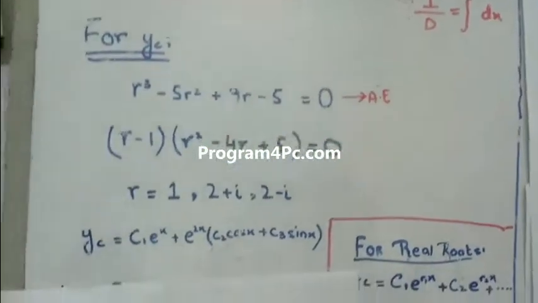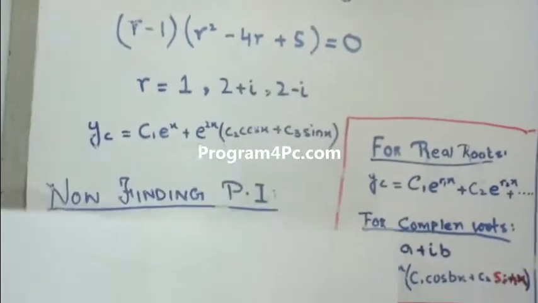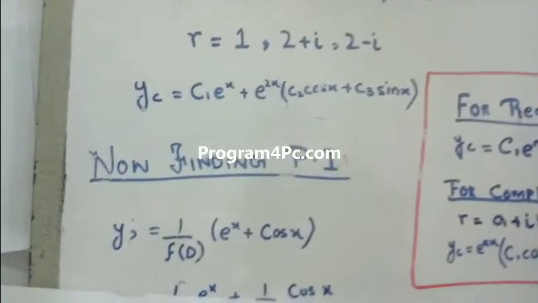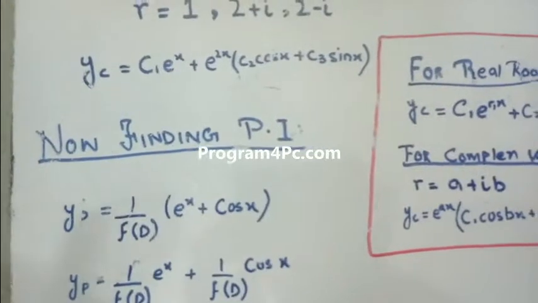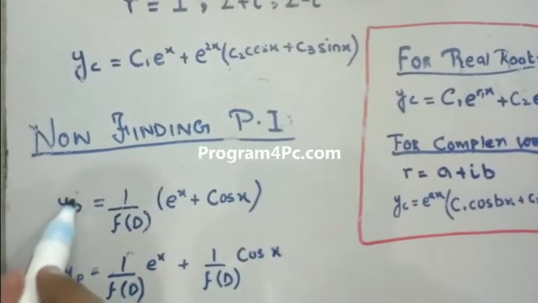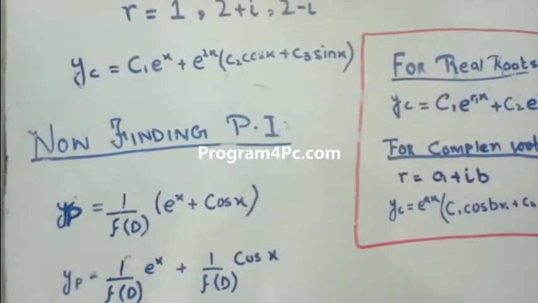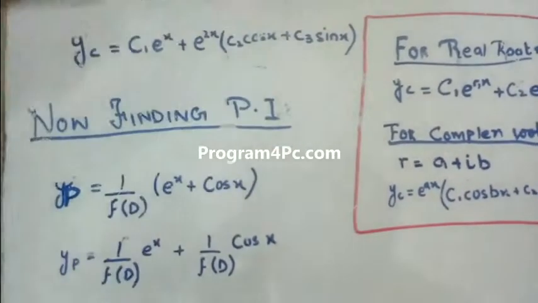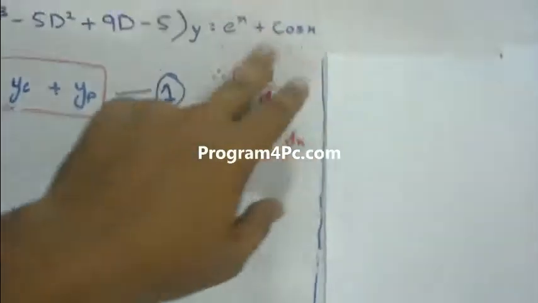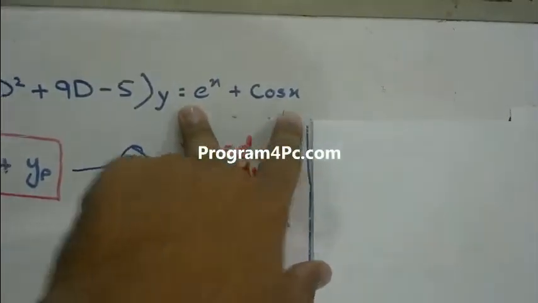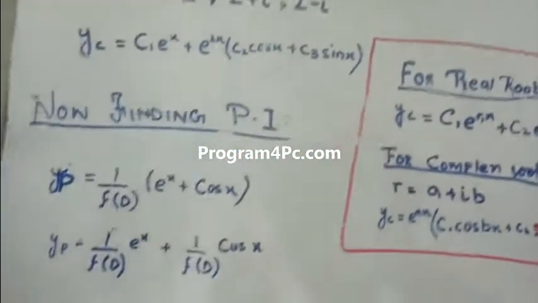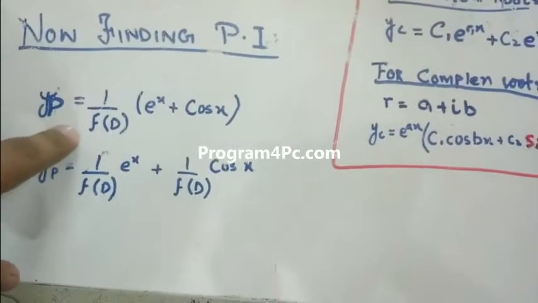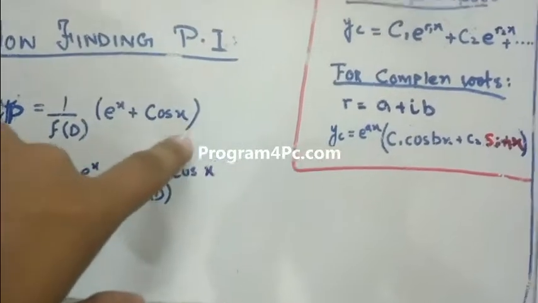For finding the particular integral, we have the equation y p equals 1 upon function of D. For y p, the particular integral, we are finding it for this right part, which is 1 upon function of D into e power x plus cos x.